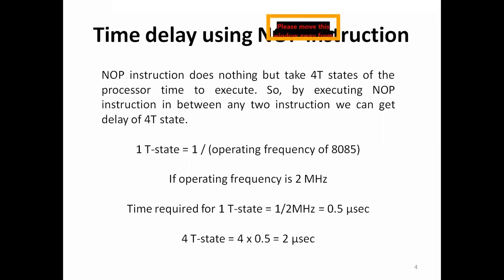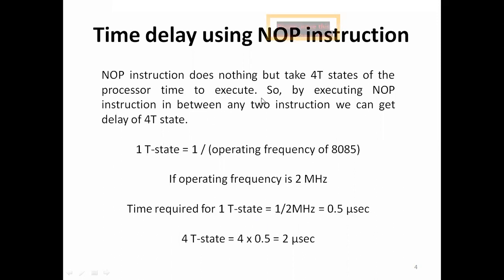Now how are we going to measure the value of the T state? 1 T state is equal to 1 upon the operating frequency of the processor. If the operating frequency is 2 megahertz, then the time required for 1 T state will be 1 by 2 megahertz, that will be 0.5 microsecond.